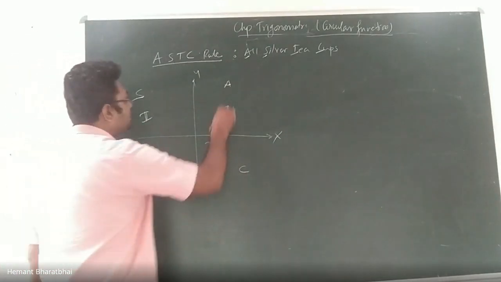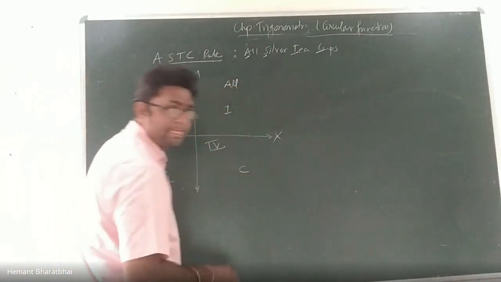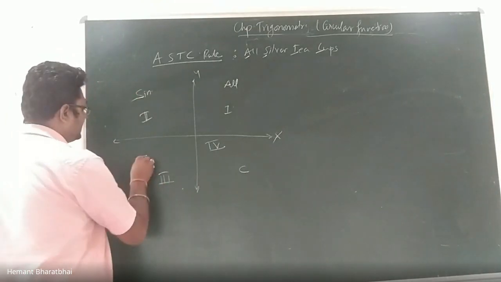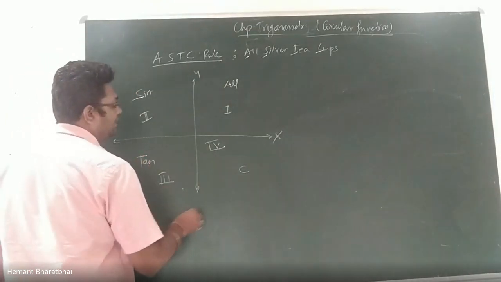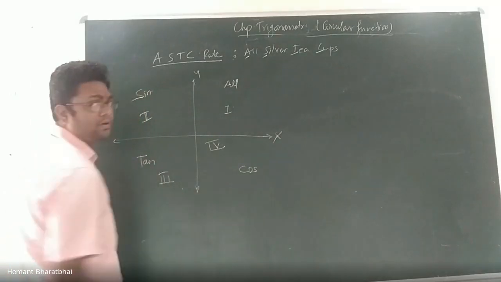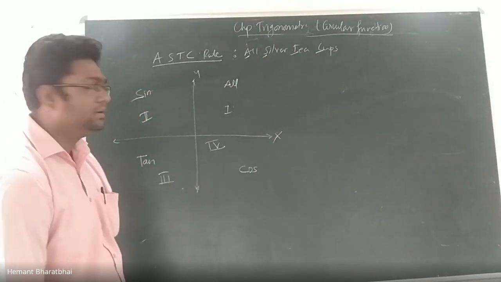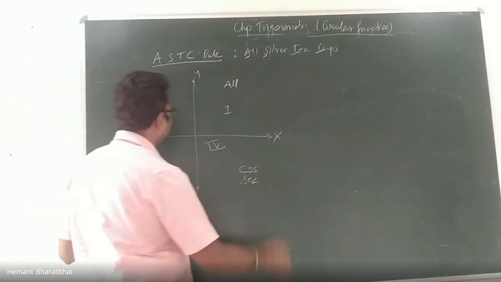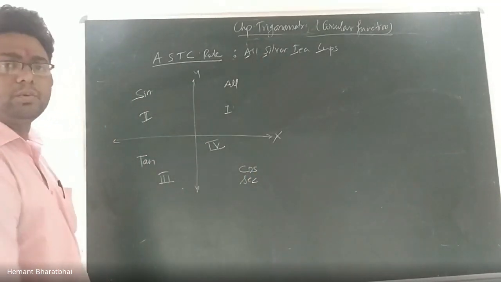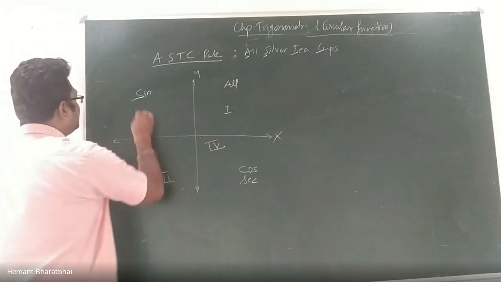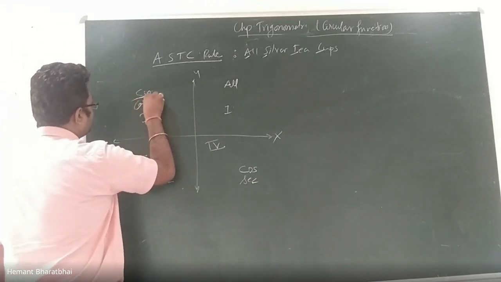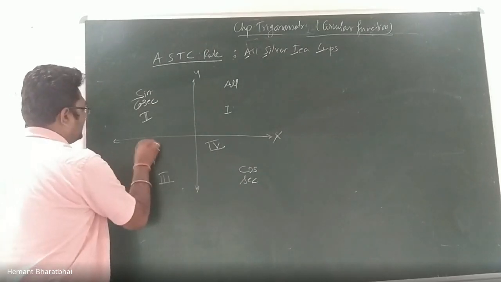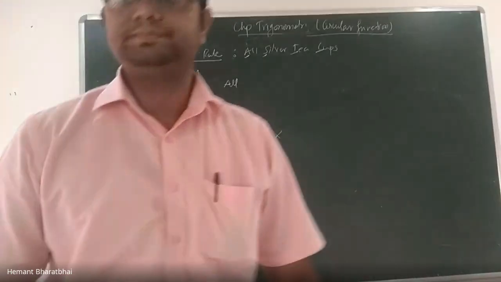So here A stands for all, S stands for sine, T stands for tan, and C stands for cos. Now sec is 1 upon cos, so I will write sec over here. Cosec is 1 upon sine, therefore I will write cosec over here. Cot is 1 upon tan, therefore I will write cot over here.